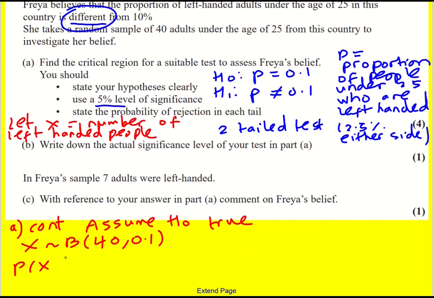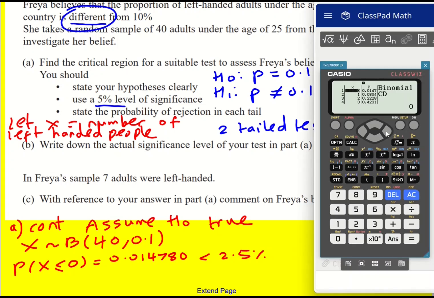The probability that X equals 0, but I'm going to write less than or equal to 0, is going to equal 0.014780. I'm going to write a few figures down. Less than 2.5%. I didn't say this, but you have to actually kind of start moving around to get that more exact figure.